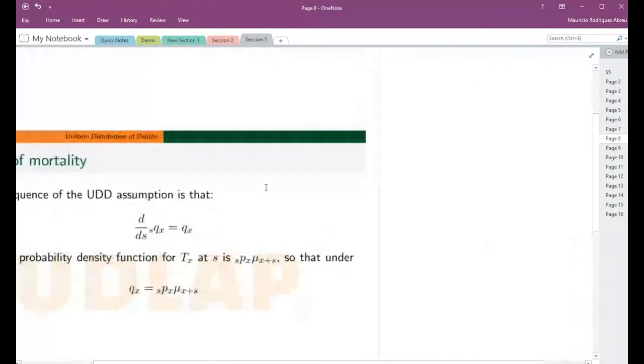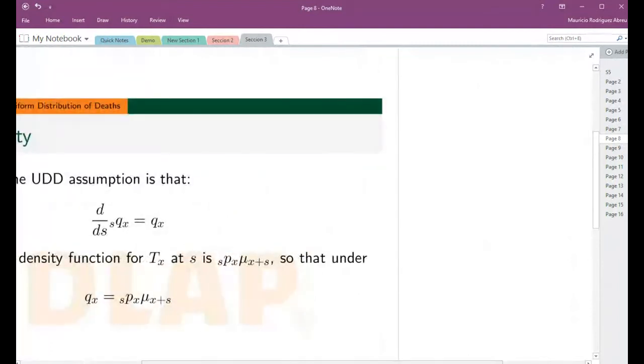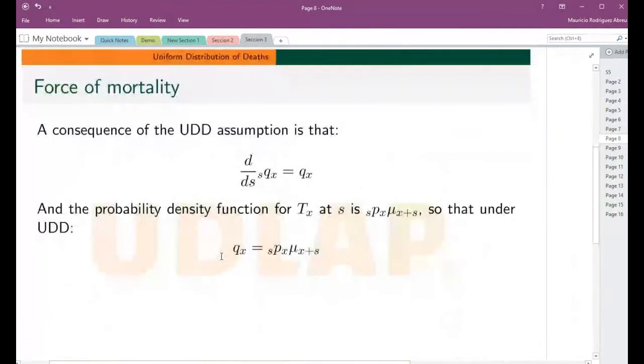Okay, so now let's see what happens with the other assumption that we have. The second assumption that we can use to estimate this is, oh no, wait a minute, we're still on the uniform distribution of deaths. If we take the derivative with respect to the duration s of this expression, we will just have the probability of death. Why?